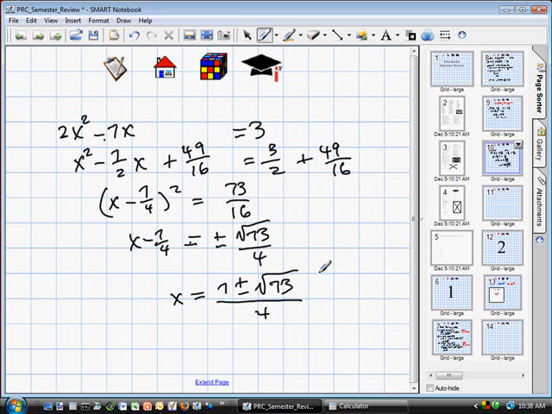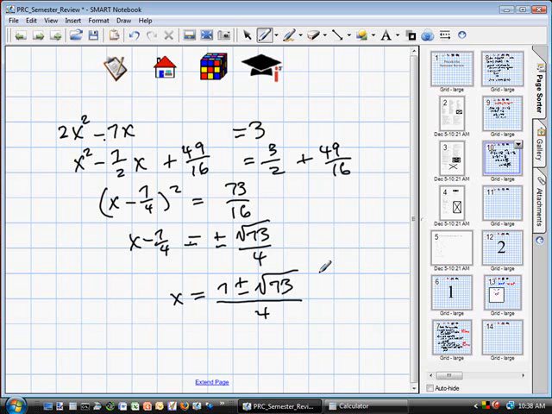I'm going to do it a second way in just a moment. Starting with the first step, I cannot complete the square when there is not a 1 sitting right here. So I had to figure out how to get rid of that 2. Well, one legal way, since we have an equation, is to divide both sides of the equation by 2.